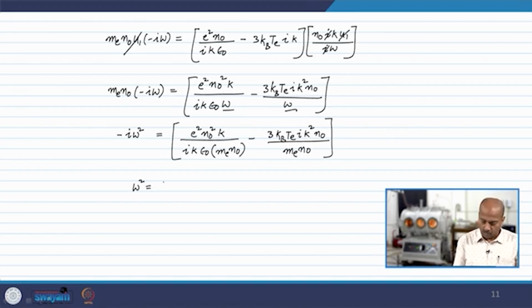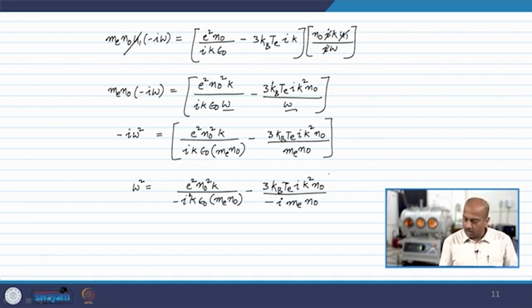So, omega square now becomes e square n naught square k divided by I k, minus I square k, epsilon naught times m_e n naught, minus 3 k_B T_e I k square n naught divided by minus I m_e n naught.